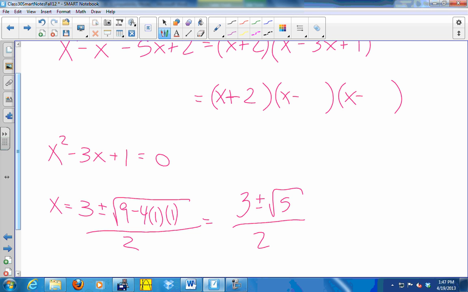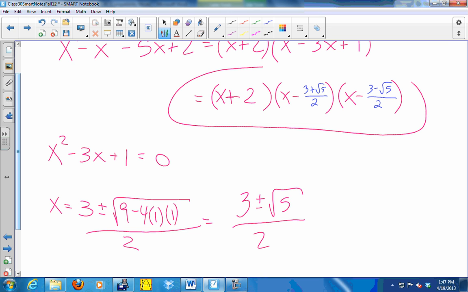So then I take these zeros, plop them in here, and I have factors. 3 plus root 5 over 2 and 3 minus root 5 over 2. So I have 3 factors, which means I have 3 zeros, these two, and x equals negative 2.